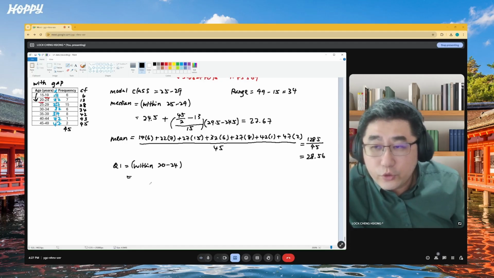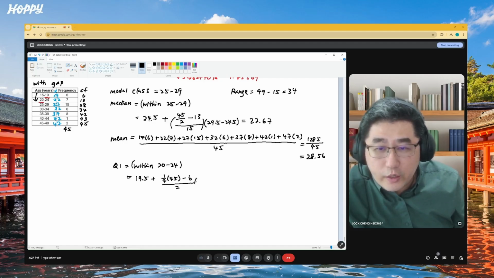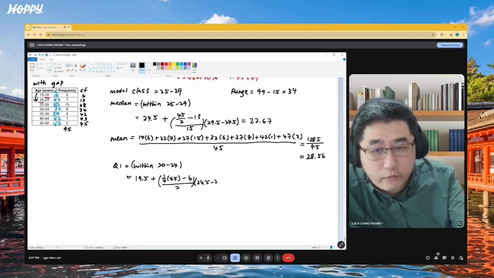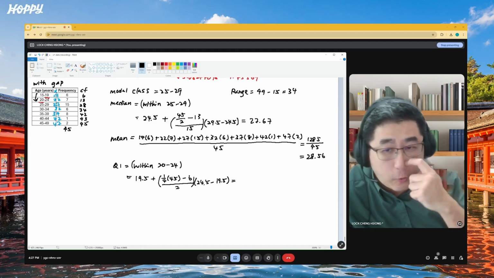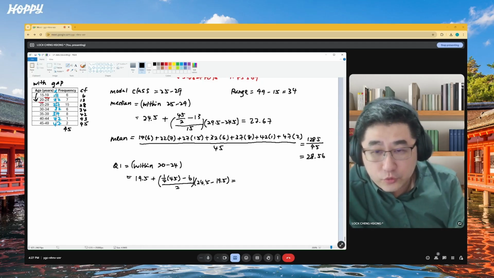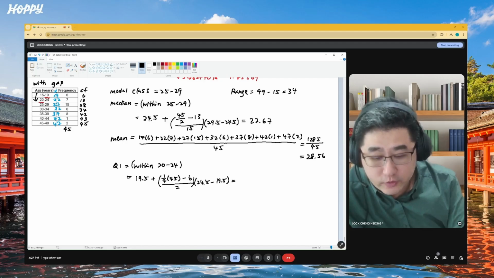So my lower boundary of the class will be 19.5 plus 1 over 4 of 45 minus the cumulative frequency before the class, 6, over the frequency of the class, 7, and multiply by the class size of the group. So this will be 24.5 minus 19.5. So minus 6 divided by 7 times 5 plus 19.5.